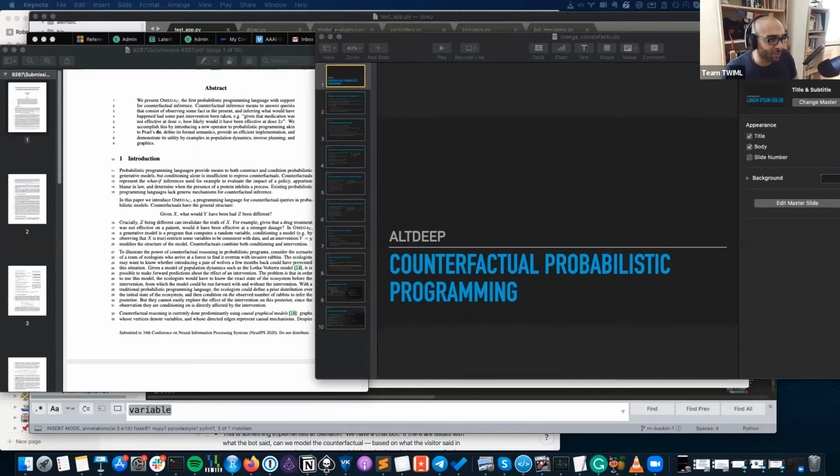So counterfactual. That word is extremely overloaded across communities, particularly in the machine learning community, where it's basically something clever you say if you want to try and get a paper published.